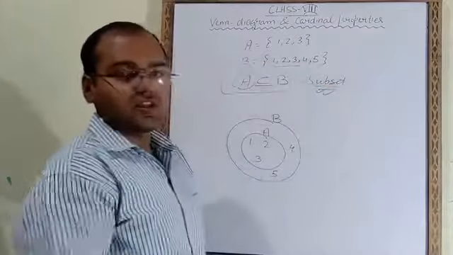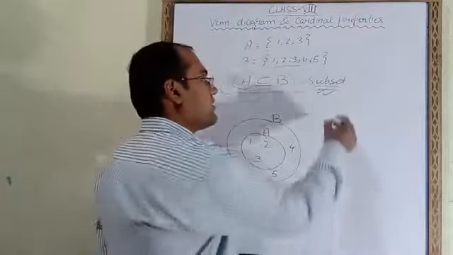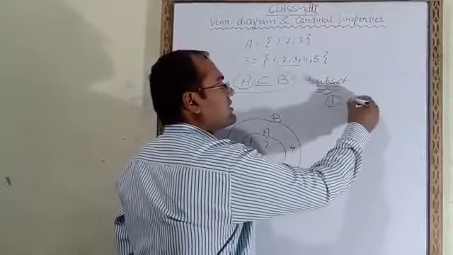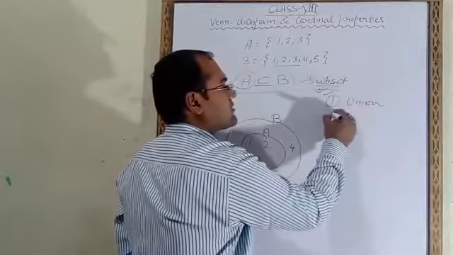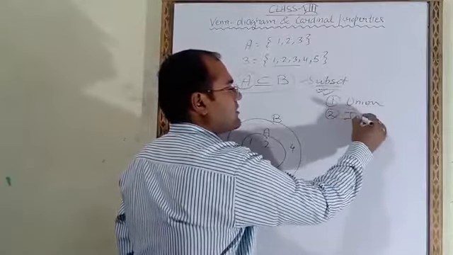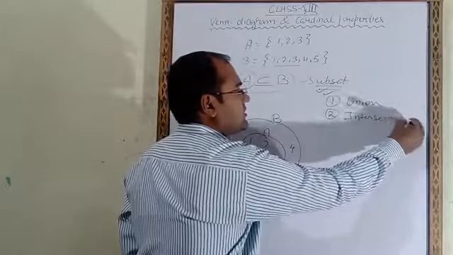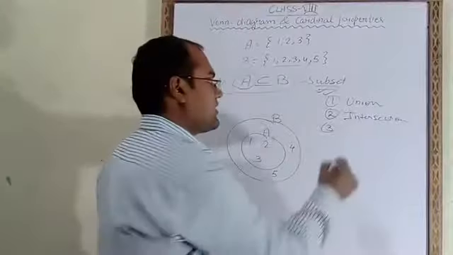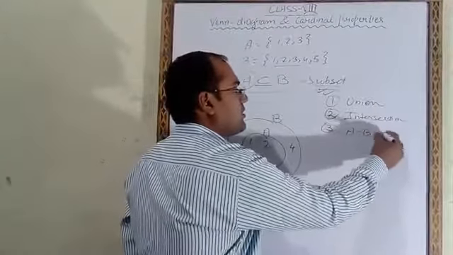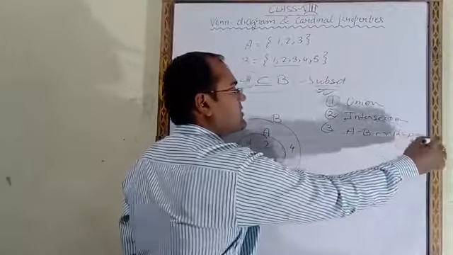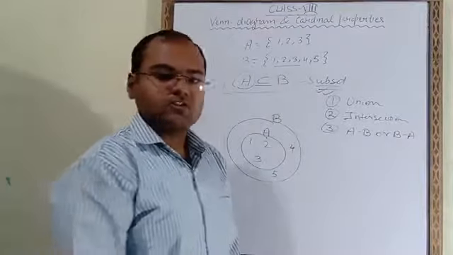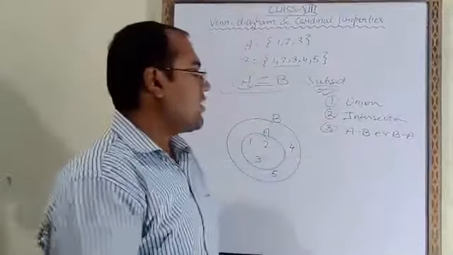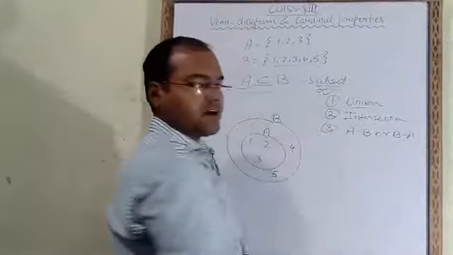Now in this also three things are there. First thing, how to represent union. Second thing, how to represent intersection. And third thing, how to represent A minus B or B minus A. First is how to represent union in this subset diagram.